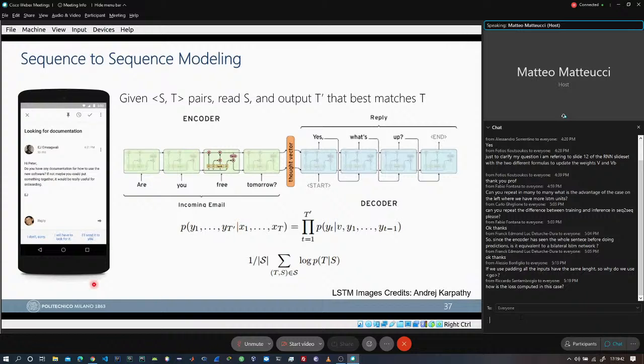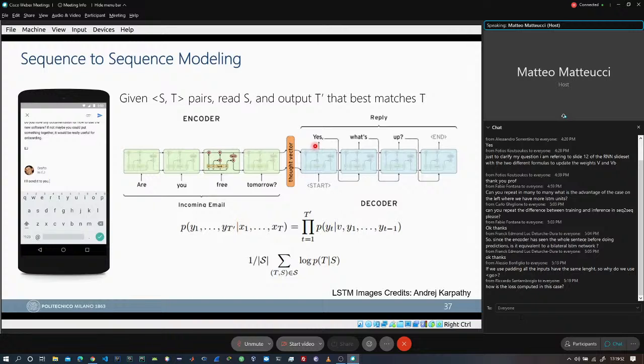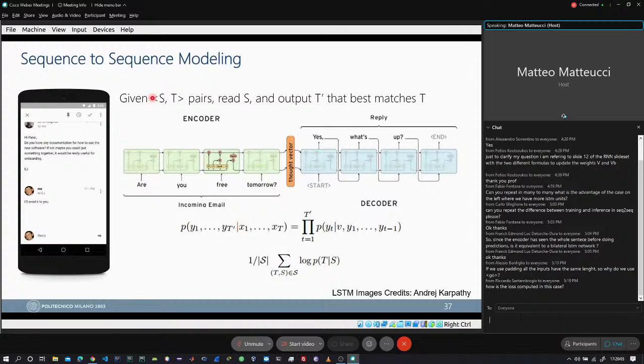How is the loss computed in this case? Thank you for the question. It is described in this slide. In this case, what I want to predict as a loss is the error in predicting each output. So what does it mean? Let's start with the set of pairs.